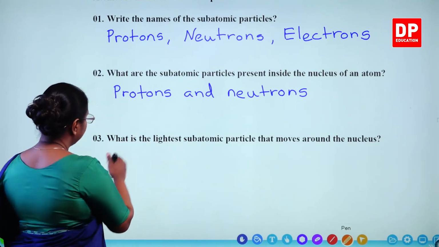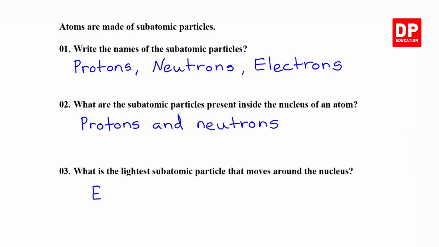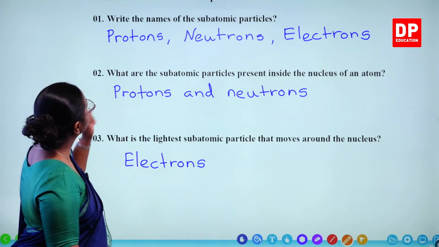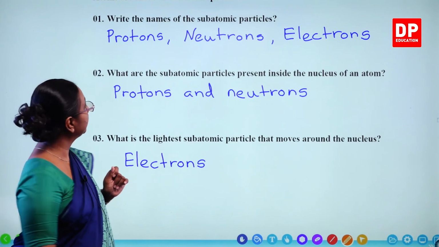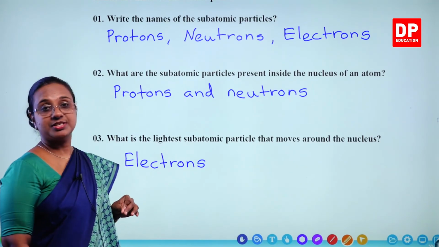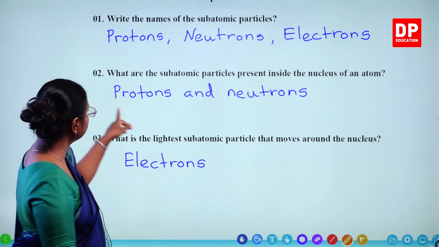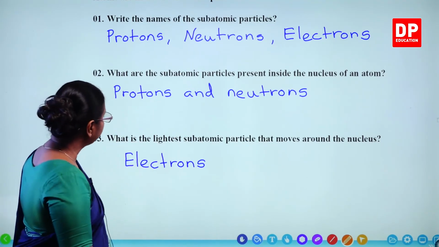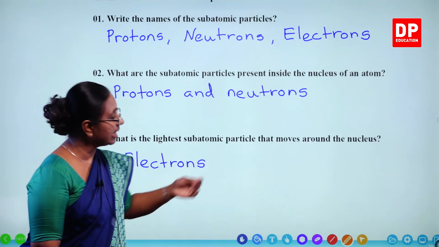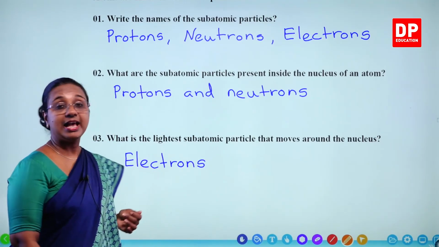So that is electrons. Okay, students. So we have written the names of the subatomic particles, protons, neutrons and electrons. Then the subatomic particles present inside the nucleus, protons and neutrons. And the lightest subatomic particle that moves around the nucleus is electrons.